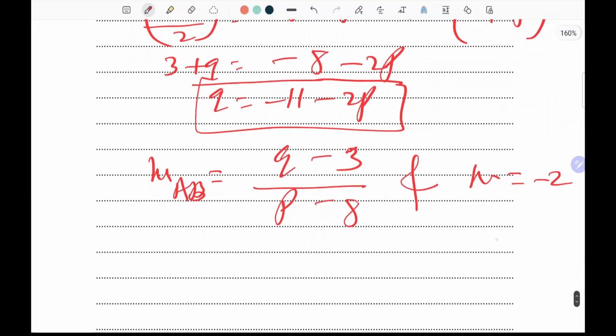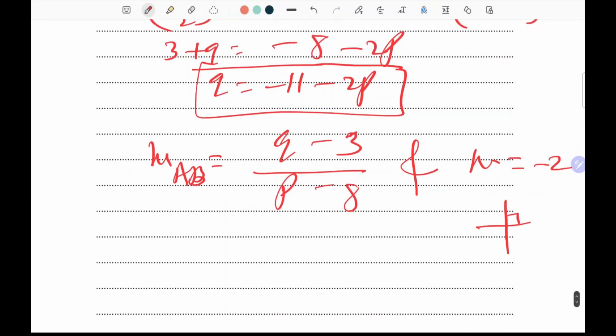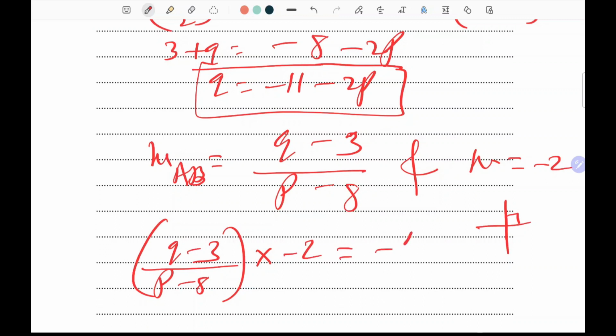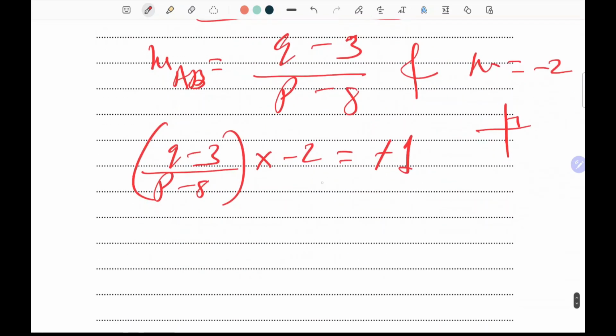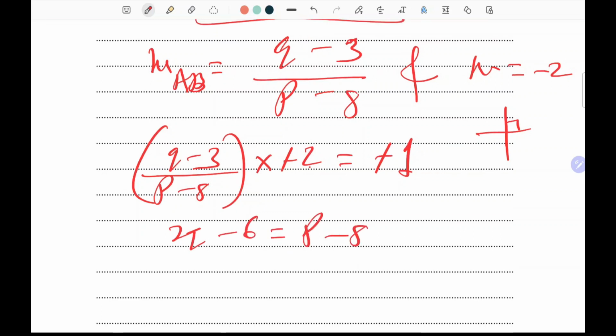But we know that when two lines are perpendicular, the product of gradients is negative 1. So q minus 3 over p minus 8 times minus 2 equals minus 1. Now this minus and this minus we can remove. 2 you can take inside the bracket. So 2 times q, that is 2q. 2 times 3 minus 6, and p minus 8 will be this side.